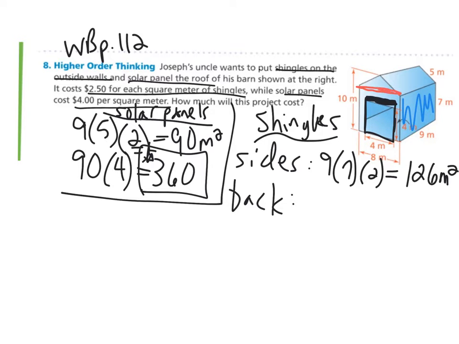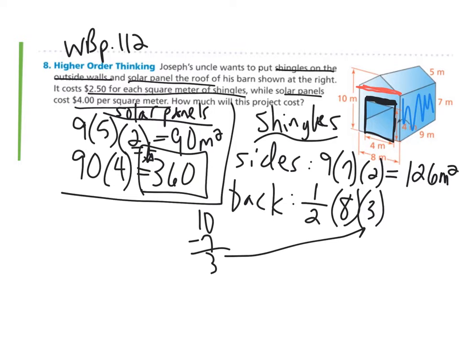So if you think about one way of doing this, we've got a triangle going across here. So on the triangle part, the total height is 10, take away 7 would be 3, would be like our height of the triangle. The base of the triangle would be 8, so 1/2 times 8 times 3, which would be 12. And that's the triangle part on the back. Then we have also the rectangle on the back.